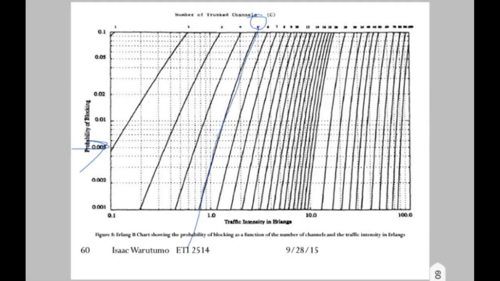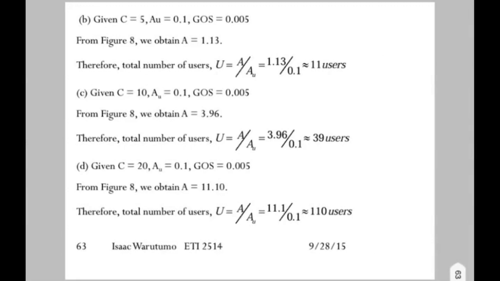So where are they meeting with 0.005? At that point. And therefore you go down to see that your traffic intensity A is approximately 1 point what? You know this is a 2, this is a 1, therefore this must be 1.2 or 1.3 there. So let's see if that is correct. Yes, so we are seeing that from our figure, the estimate is 1.13. So if you give me 1.1, that is fine. If you give me 1.2, that is fine.